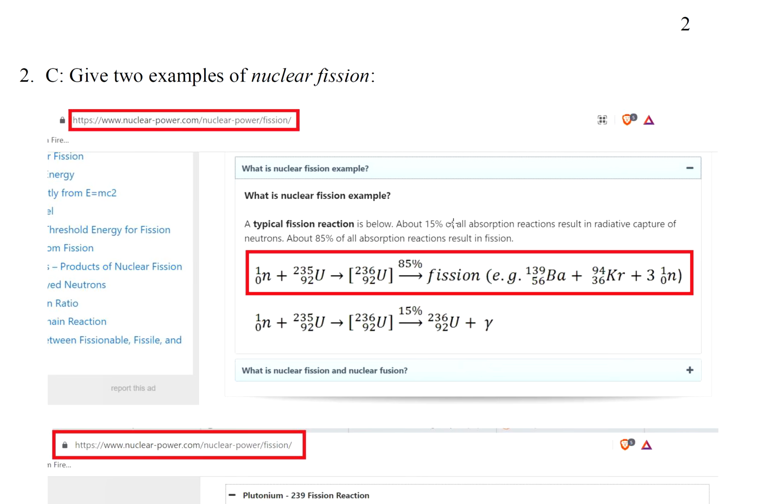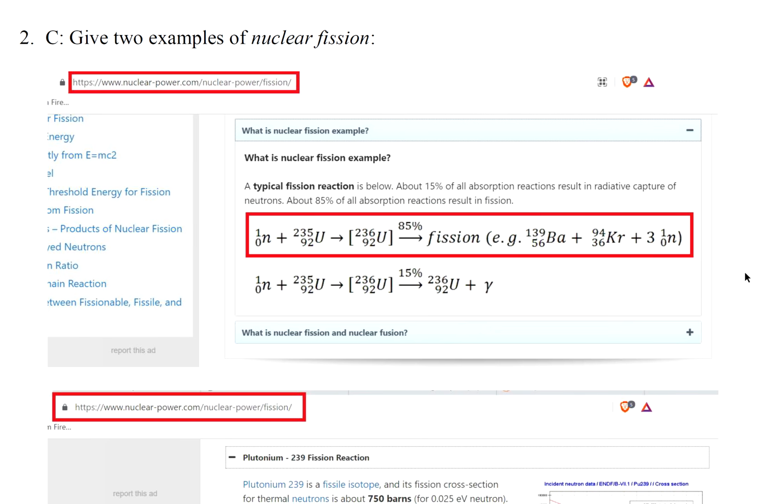Question 2. Give 2 examples of nuclear fission. So from this website, I put a box here. You have uranium-235. You throw a neutron at it, it becomes uranium-236.